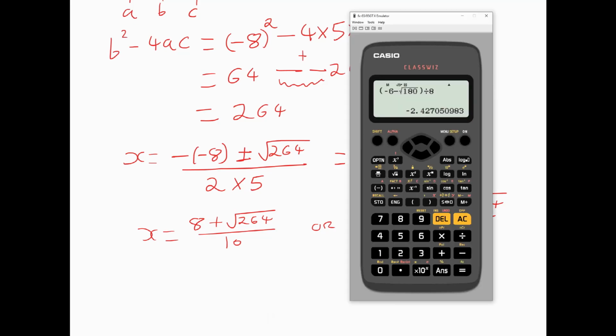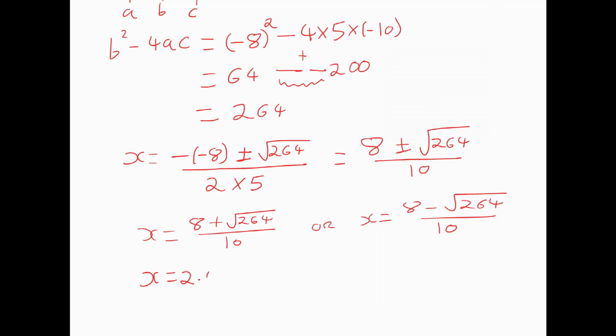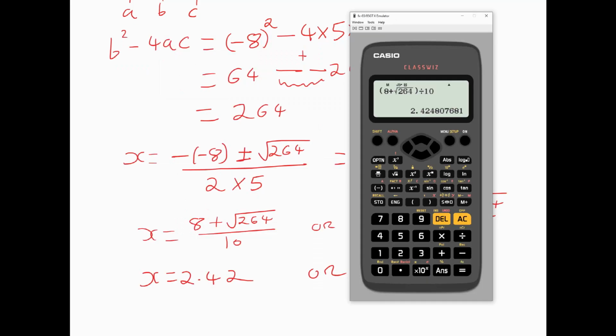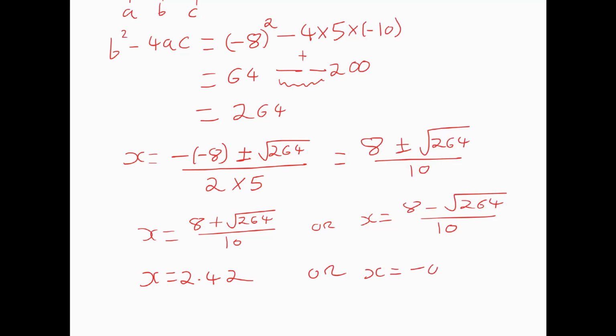Putting these into a calculator will give x equals 2.42 to 2 decimal places, or x equals minus 0.82 to 2 decimal places.